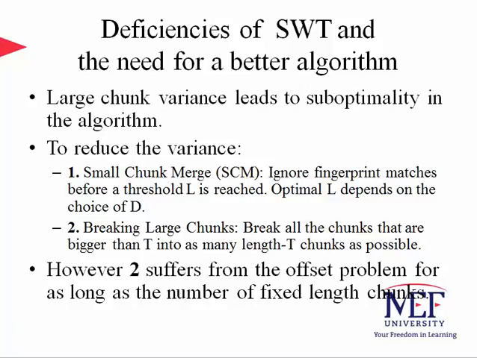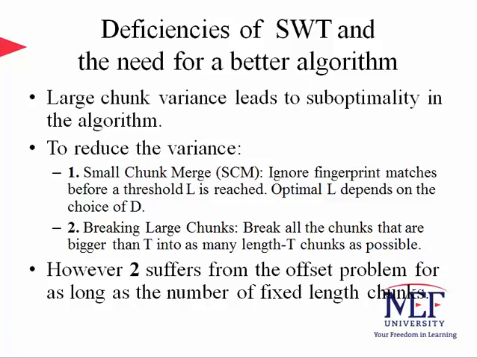In other words, we need an algorithm that will minimize both the number of affected chunks as well as the chunk size variance jointly. To be able to reduce the variance, we can merge small chunks. One way of doing it is to ignore fingerprint or hash values that are matched before a threshold L is reached.